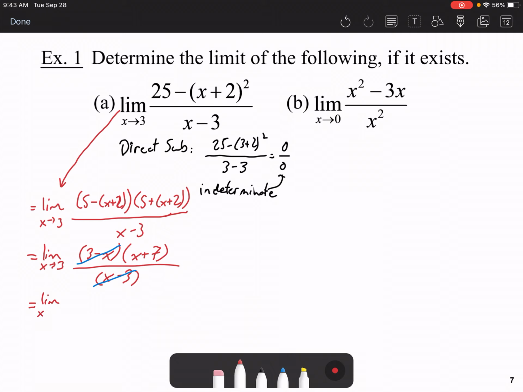And again, we don't actually care what's happening at the value. We only care what's happening close to the value. And that's why we can cancel these things out without causing any problem. So now that I canceled it out, I've got to multiply by a -1 when I cancel that out. So this, I can substitute the value 3 in without an issue, and I get a limit as -10.